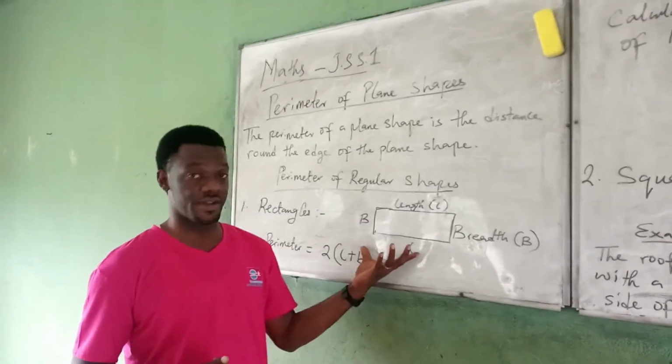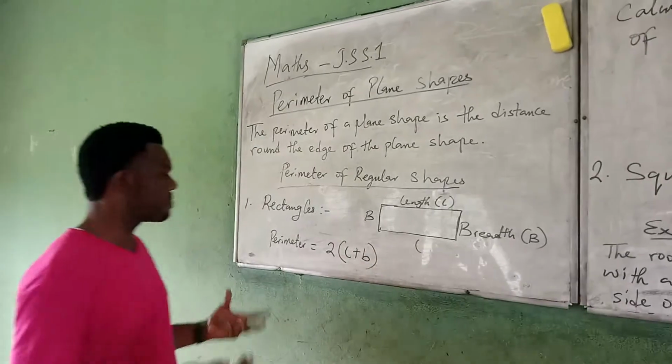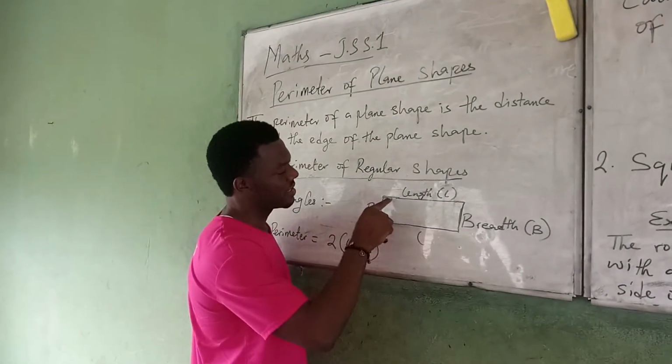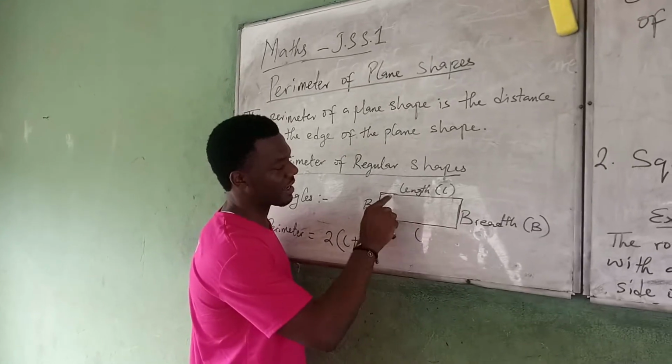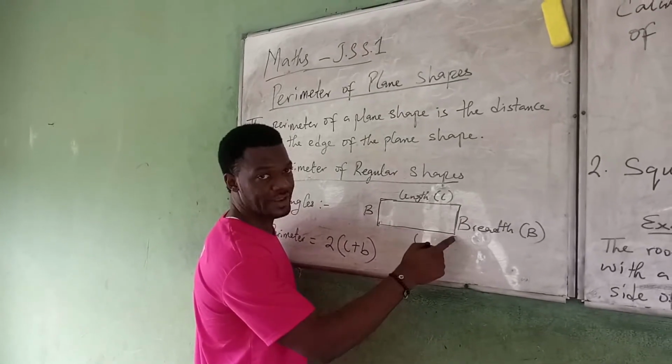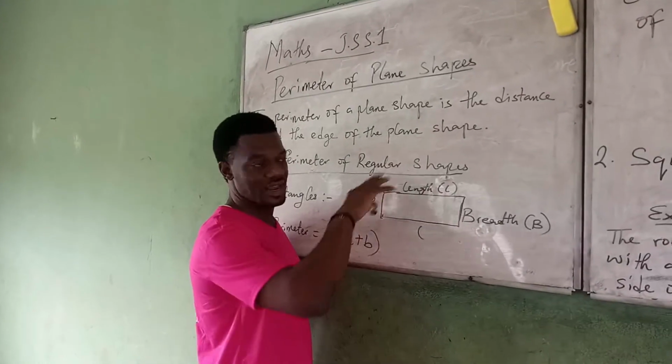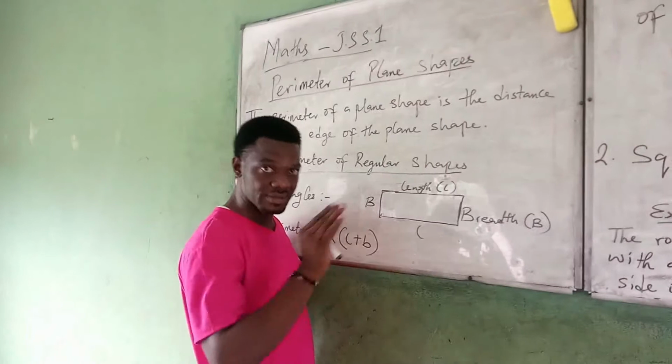If you want to get the perimeter of this rectangle, you calculate the length, add it to the breadth, this length again. So you get the distance around this rectangle, and that is the perimeter.